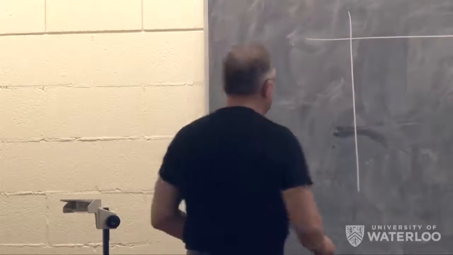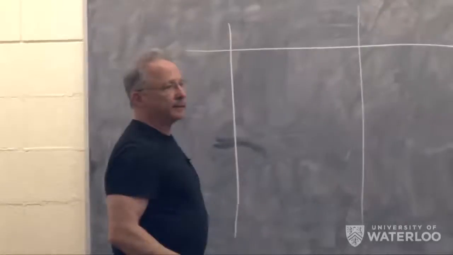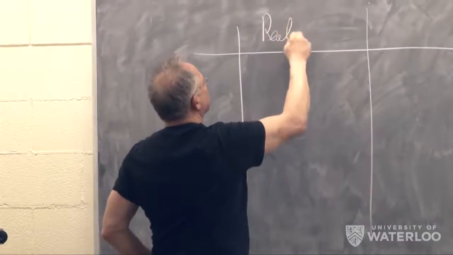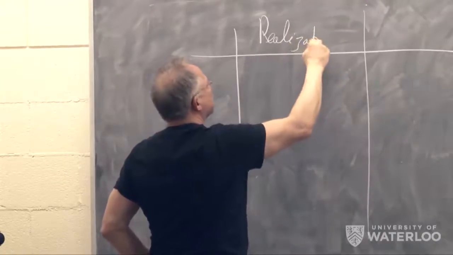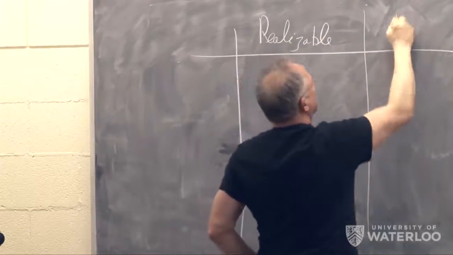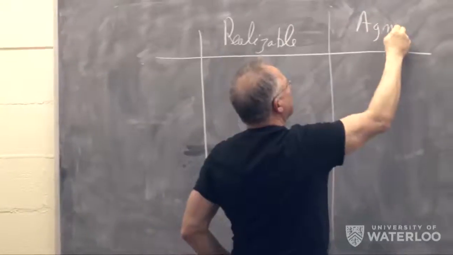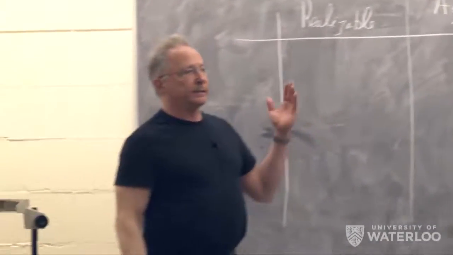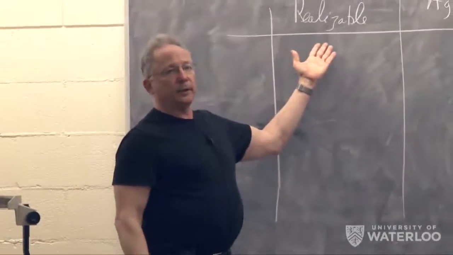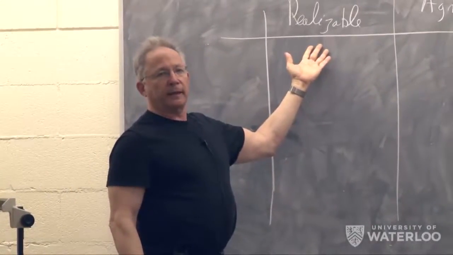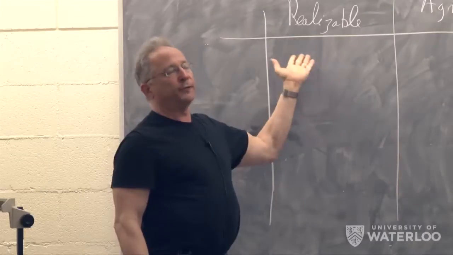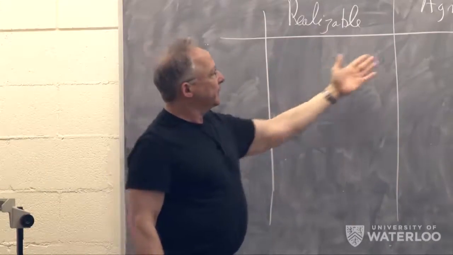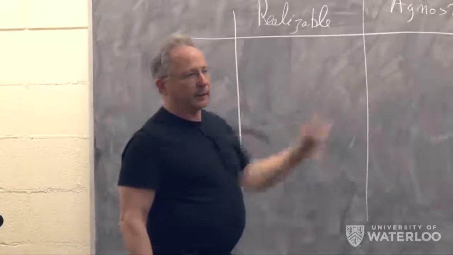So the first question is whether the task that we are faced with is realizable or agnostic. Because it's easier to learn when you know that the data can be satisfied perfectly well by one of your hypotheses. It may be harder in the agnostic case.